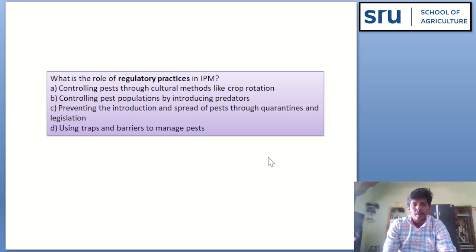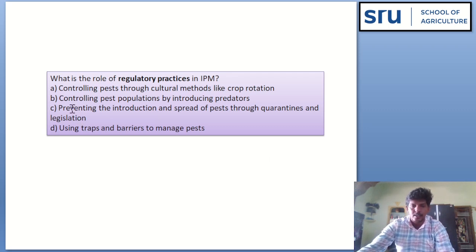What is the role of regulatory practices in IPM? Controlling pest through cultural methods like crop rotation, controlling pest population by introducing predators, preventing the introduction and spread of the pest through quarantine and legislation, using traps and barriers to manage pest.